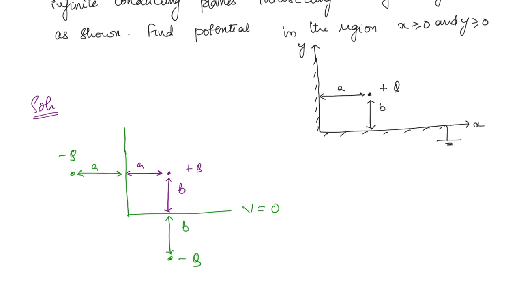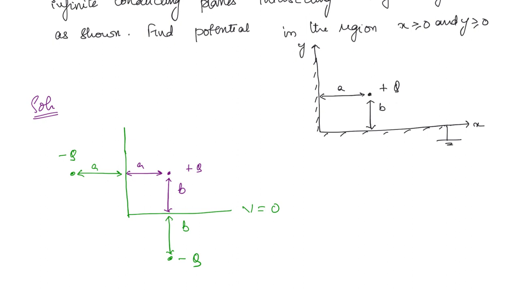Okay, but once again you have to draw the images to these charges as well. Okay, only then it is possible to have an equipotential surface here. If you take any point on any of these equipotential surfaces, what should happen? The force should be same everywhere, then only the potential is 0, equipotential, right?